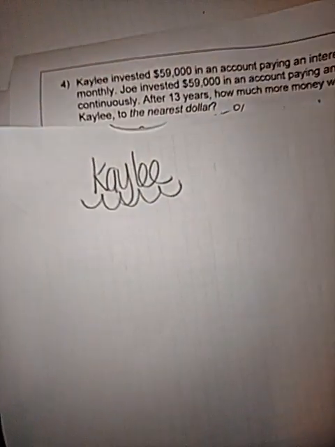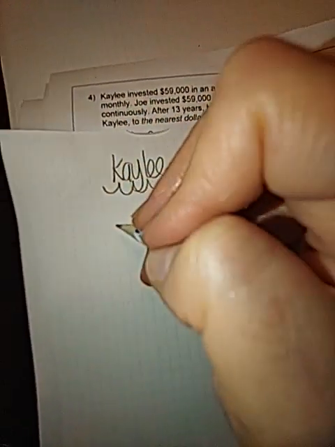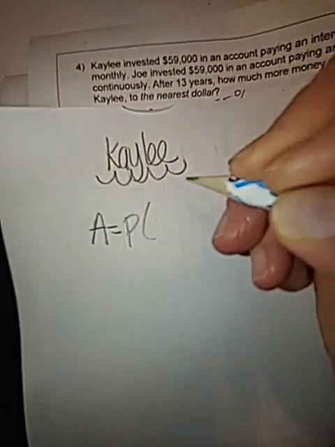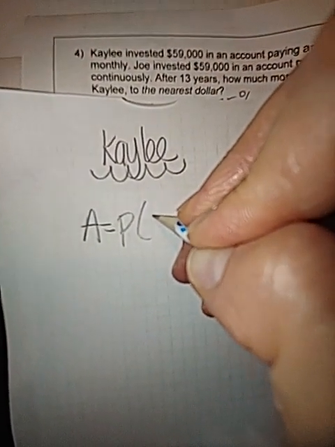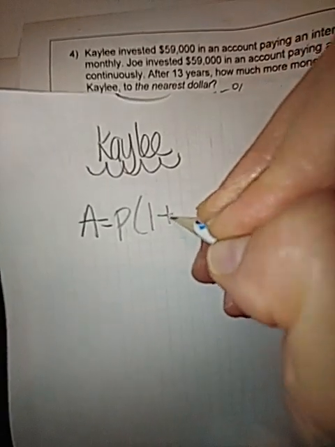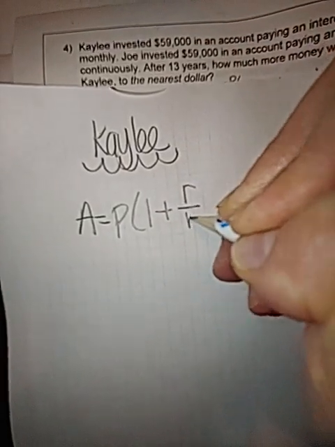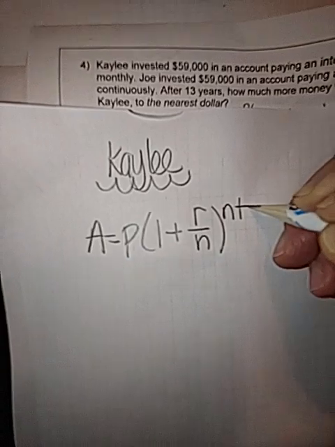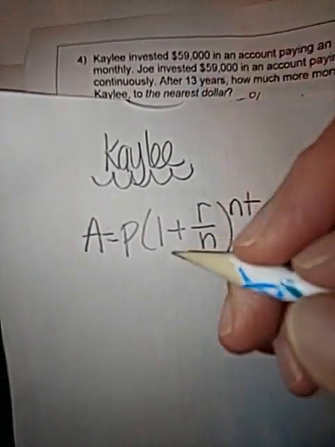All right, so we have 2 different accounts, 2 different conditions. So I'm going to start with Kaylee. Kaylee has something that compounds monthly. So because she chose an account that compounds monthly, I'm going to use A equals P times 1 plus r over n to the nt. She starts with $59,000.